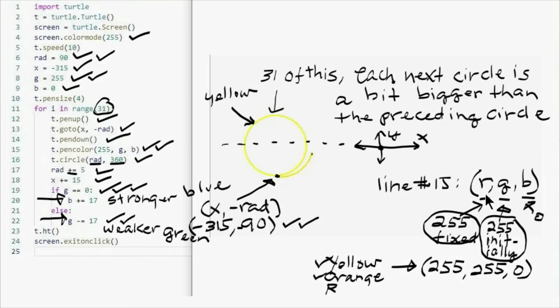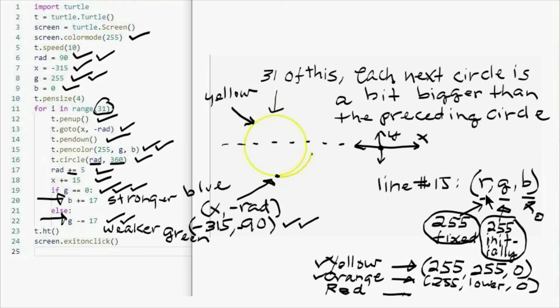Remember, the yellow is 255, 255, and then the orange is going to be 255, and then a lower value for the green. And meanwhile, the blue is fixed. And then after orange, you'll see red.